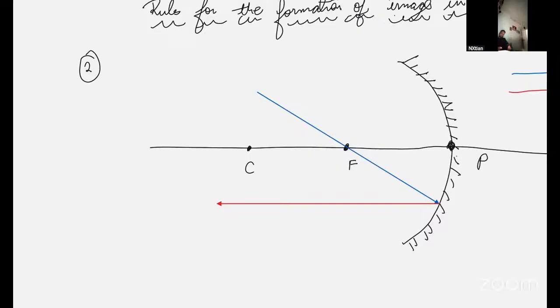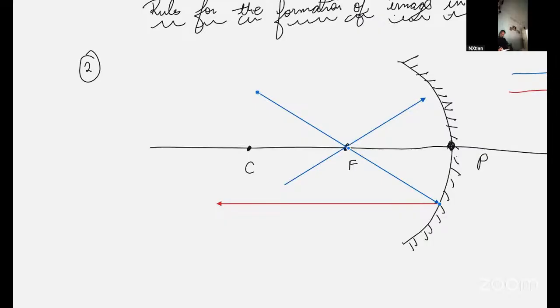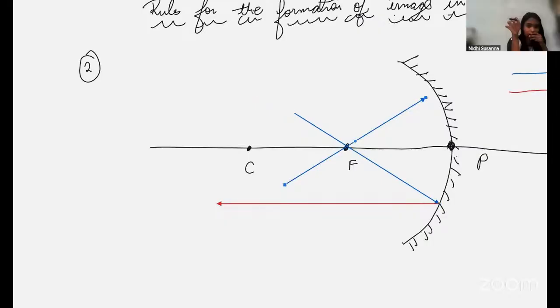Sir, did you understand? Yes. When you did the first one, you drew two incident rays and two reflected rays. In every rule, is it like that or is there only one?